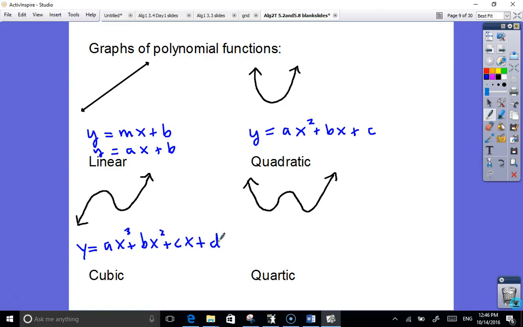You're always starting with a, and then you just keep adding another letter at the end. So what would quartic be? Right, that's the standard form. Okay, in all of those equations, where do you find the y-intercept?